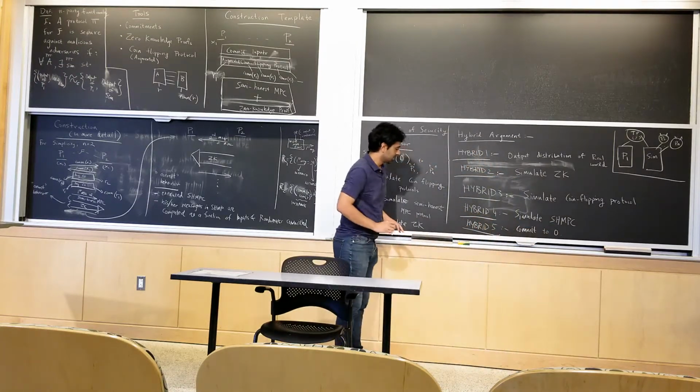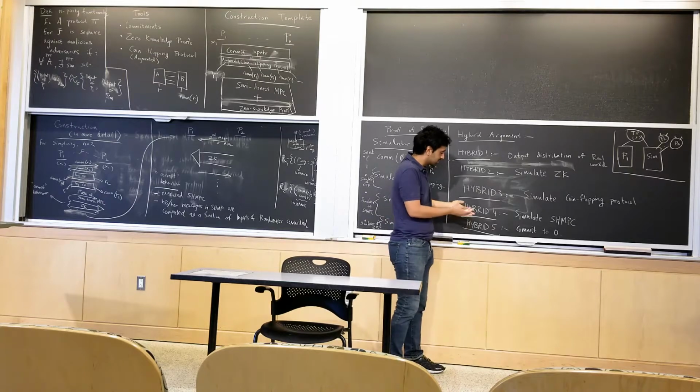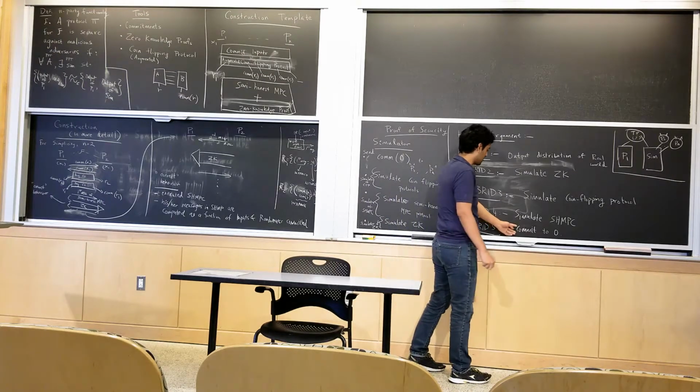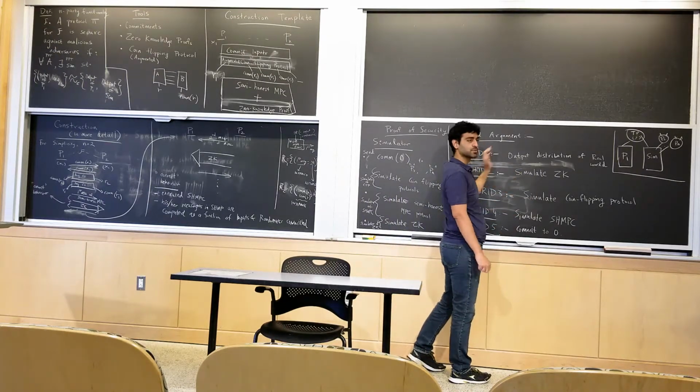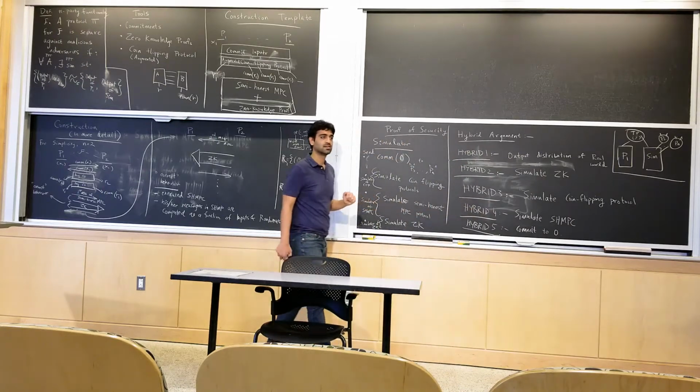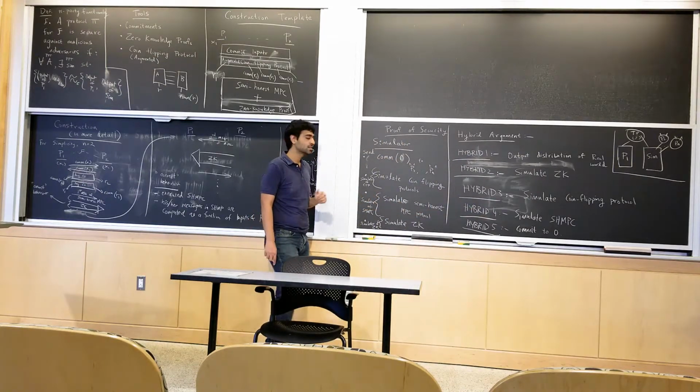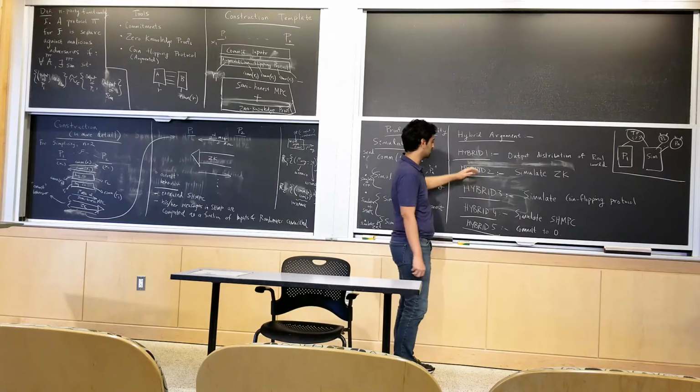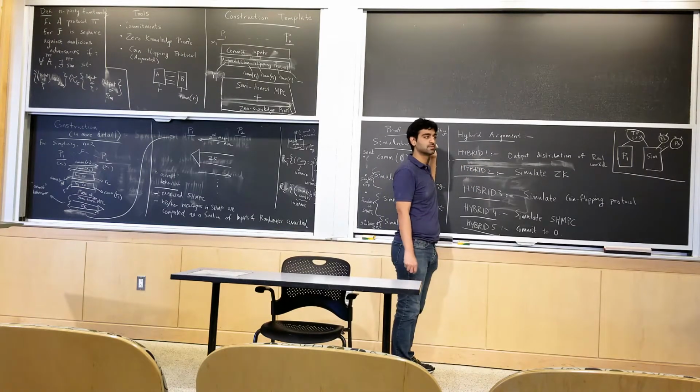Okay, so can anyone see what would go wrong if you commit to 0 ten steps earlier? Let's say what would go wrong if I actually committed to 0 here?